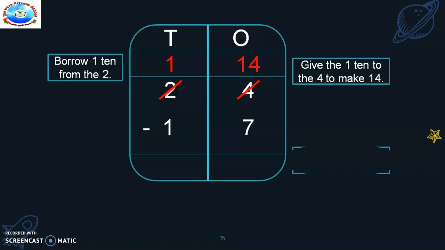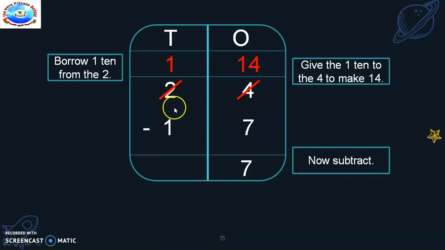Now, subtract 7 ones from 14 ones, which gives 7 ones. Write it in the ones column. And subtract 1 ten from the 1 ten.